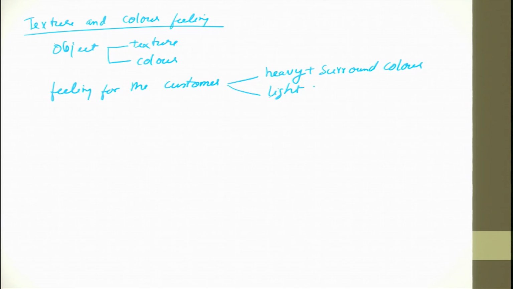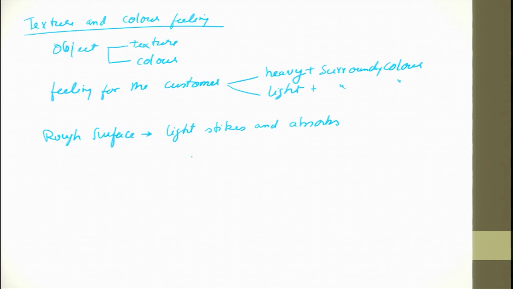In combination with the surrounding color, this will have more impact on the object. The surrounding color tries to give you a feel whether the object is small, large, and all those things can be thought of. When you have a rough surface, what happens is the light strikes and absorbs.